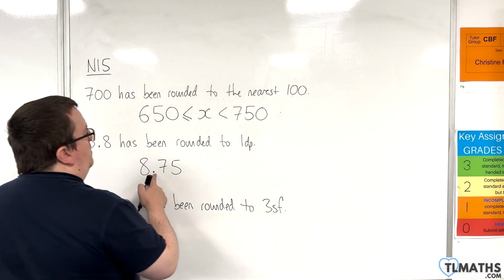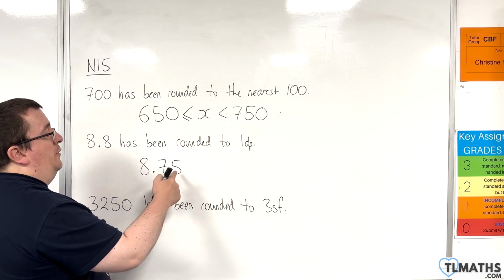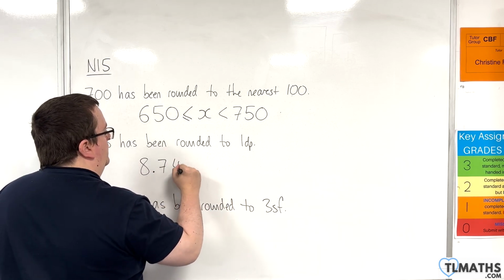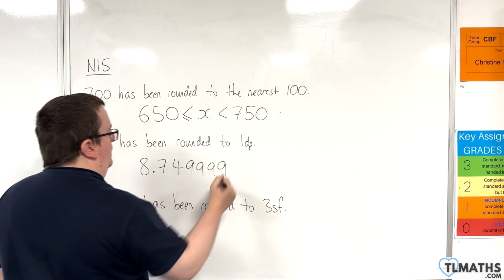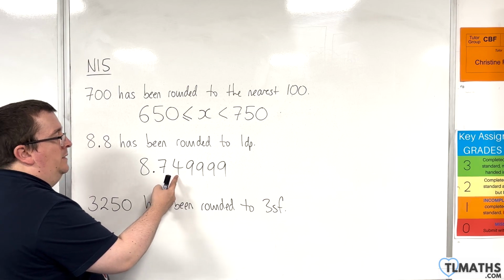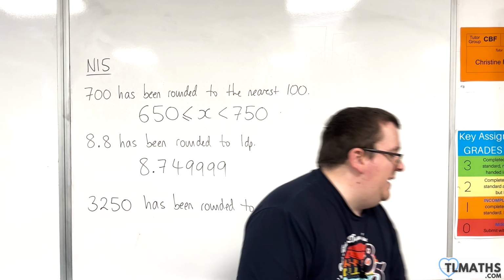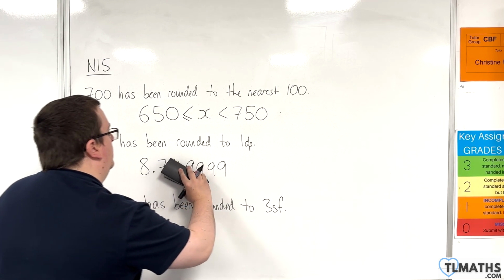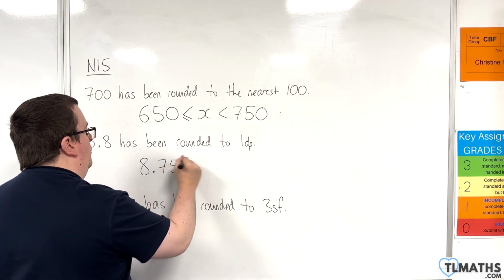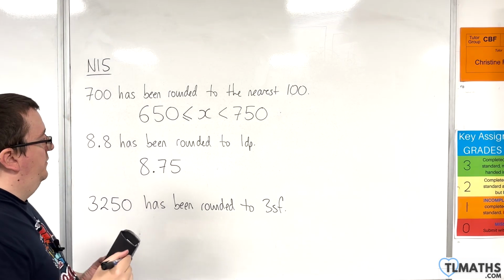If it was 8.74999999, the next digit is 4, which means I would round down to 8.7. So 8.75 is the first value that would round up to 8.8.